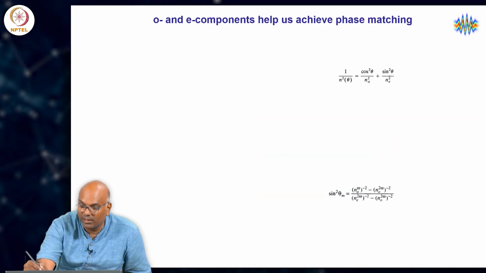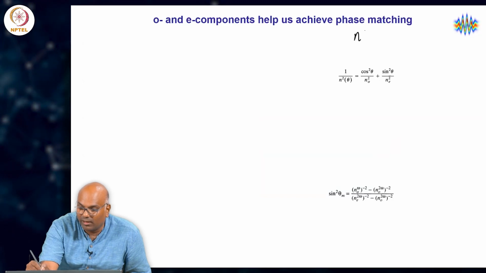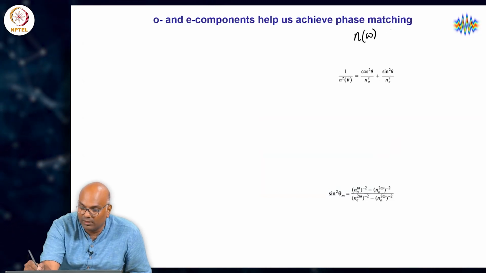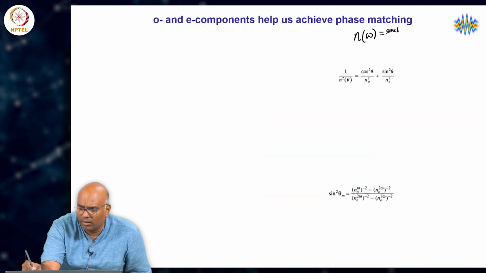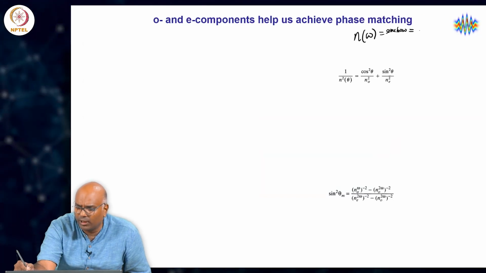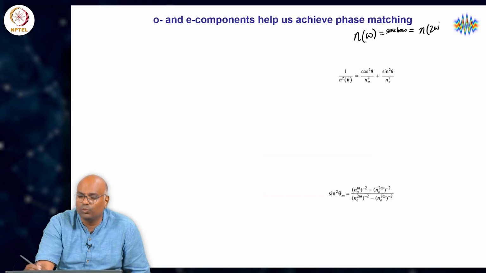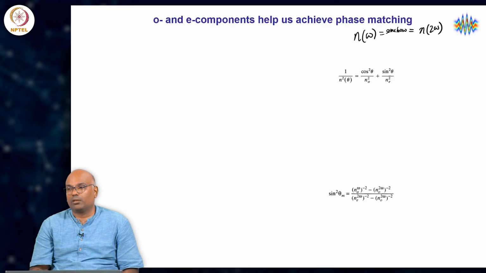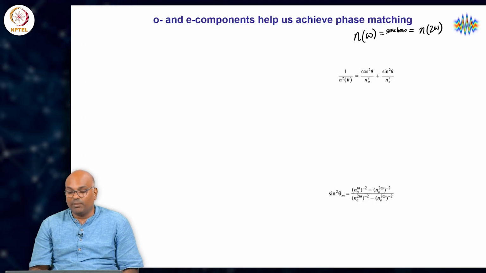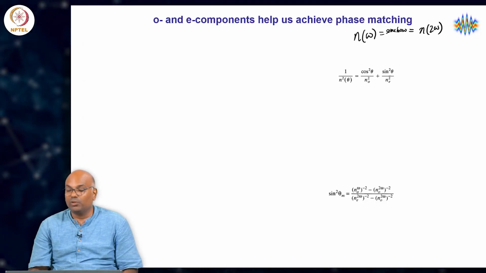What is phase matching? N of omega is somehow equal to N of 2 omega. So, let us examine these scenarios.